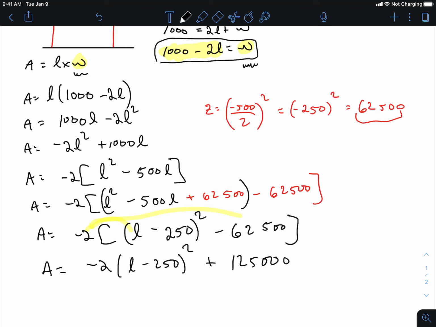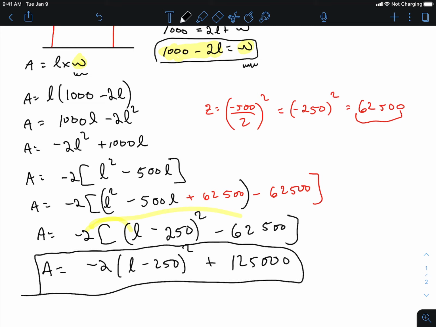Now, this question asks me what the maximum area is. Does this equation have a maximum? Yes. Why? What direction is it opening?